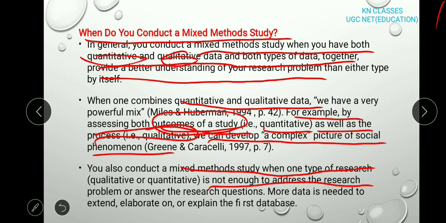Or when quantitative research is not enough to address some research problem, qualitative research may be required. At that time, we use mixed method research design.